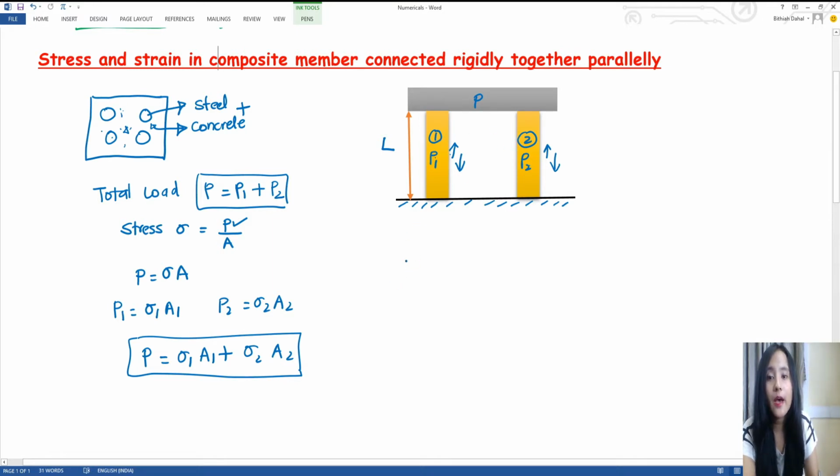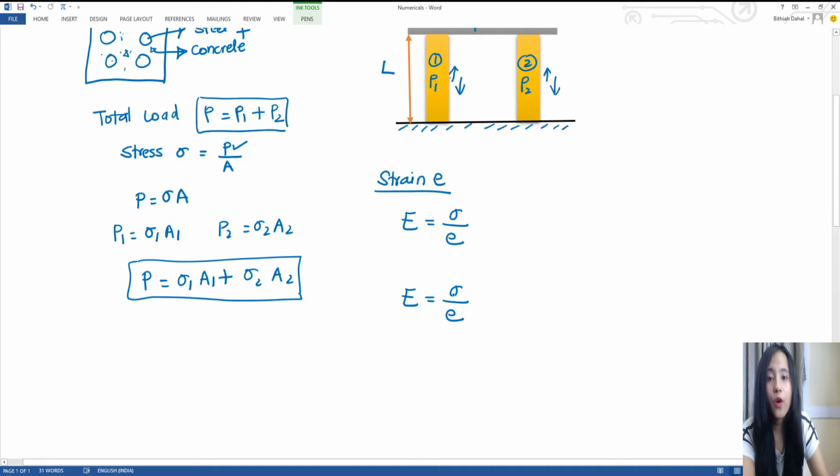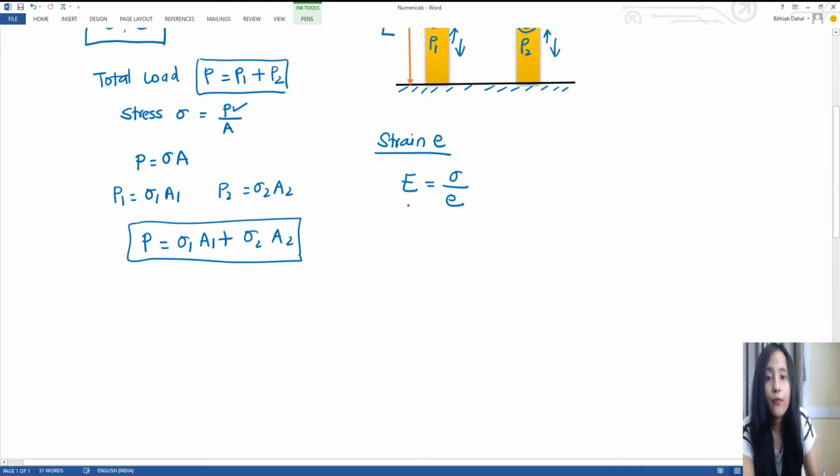Considering strain e, what will we get from the relation of modulus of elasticity E equals stress by strain? If we cross multiply, we get strain e into E equals sigma. So strain e will be equal to sigma by E. We get this relationship.